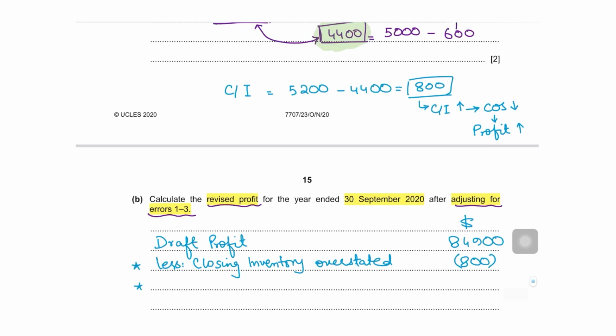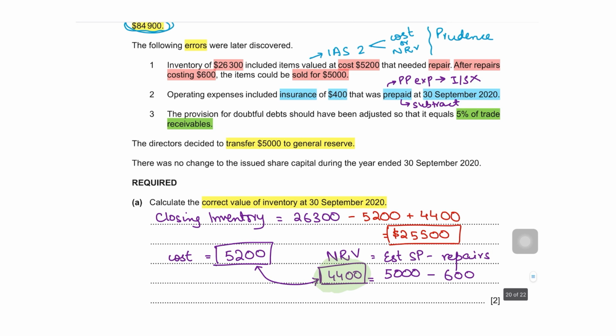Right? Now error number 2 is that operating expenses included insurance 400, which was prepaid. So why are we including a prepaid expense which doesn't belong to the current year? It shouldn't become part of my current year's expenses. So again, now what is happening? An expense is being overstated.